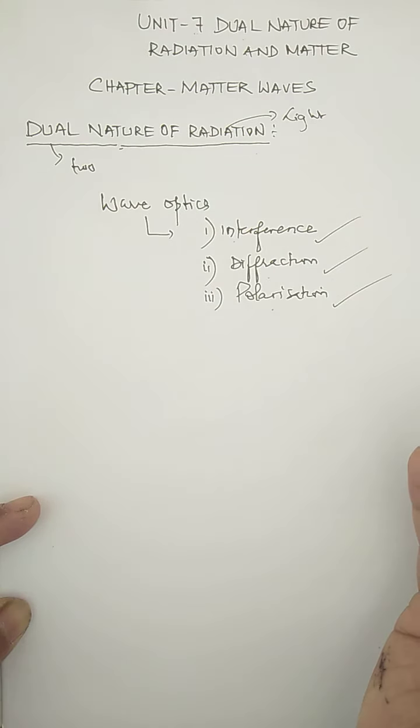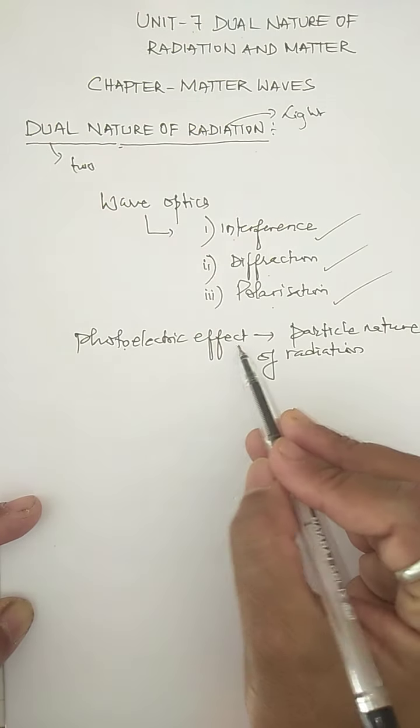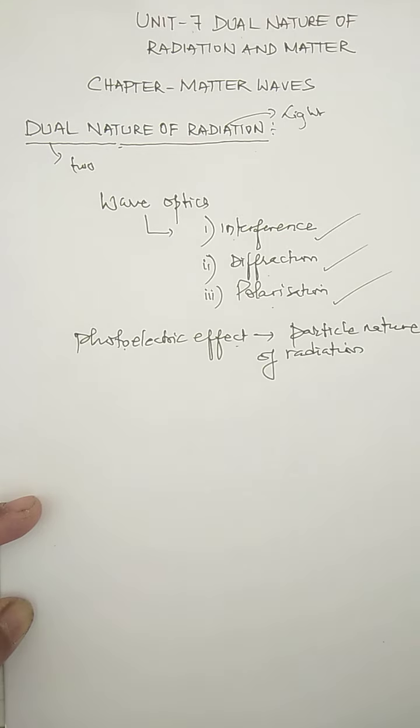The chapter that we completed, the photoelectric effect, gives the exact nature of light, saying that light consists of small packets or bundles of particles which are called photons. So this phenomenon shows that light has a particle nature. That means light has particle nature also.